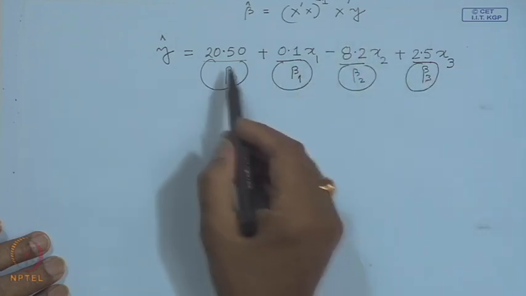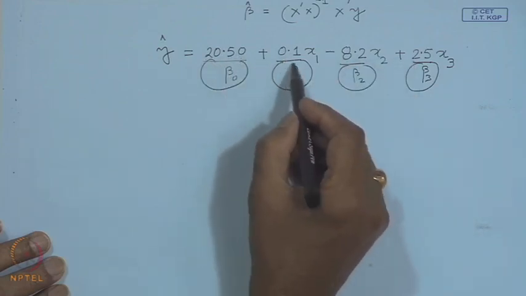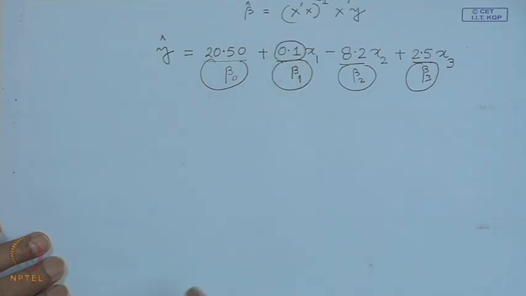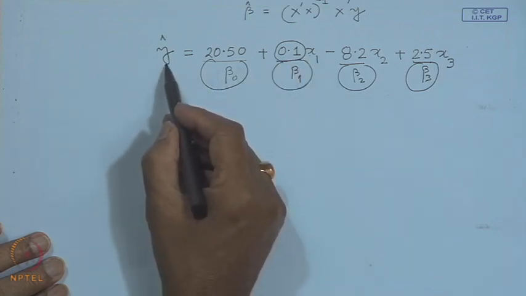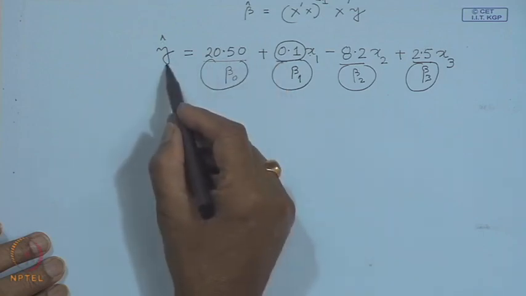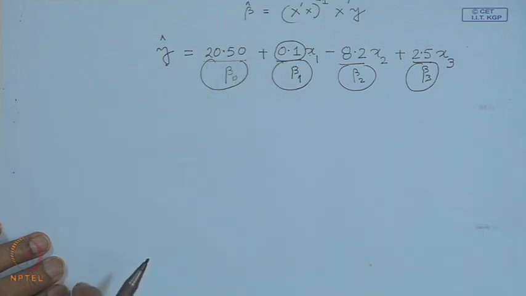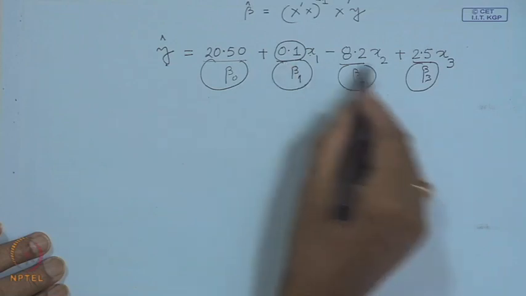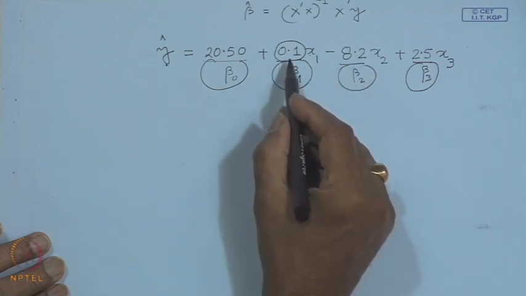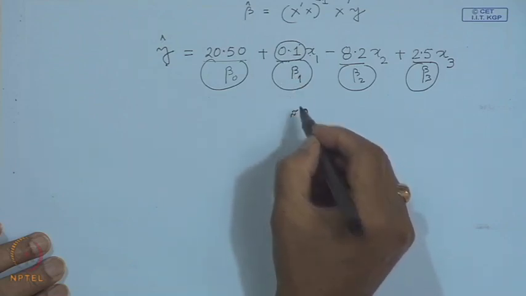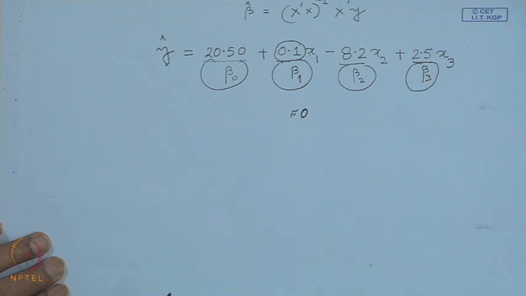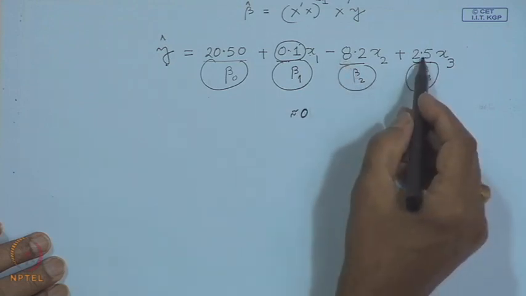Now, look at the values 8.2, 2.5, 20.5 and 0.1. This 0.1 appears to be very small. The contribution of x 1 to the change in y seems to be quite less. T statistics say whether this 0.1 is close to 0.